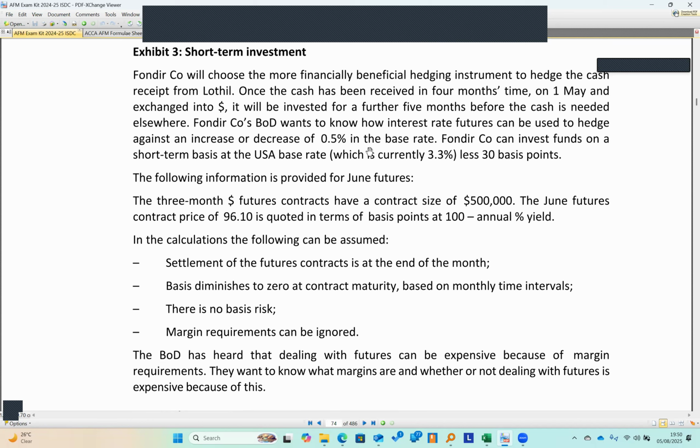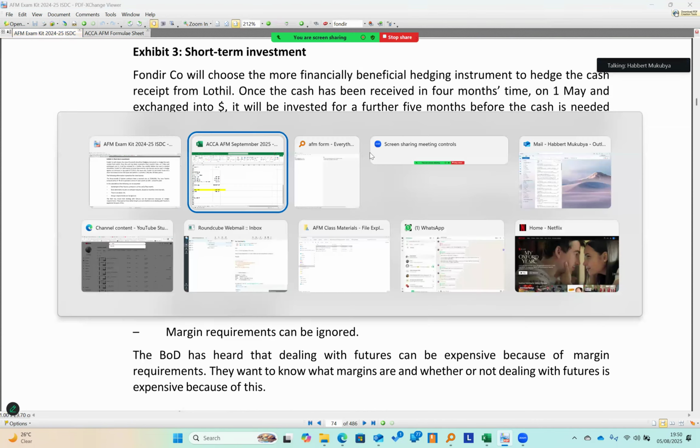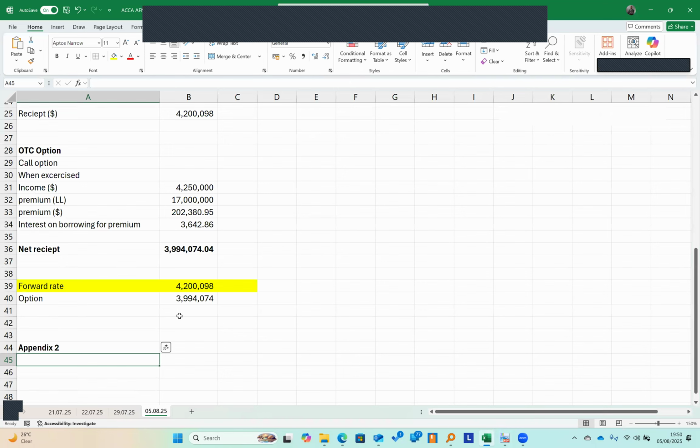They are saying that the contract size is $500,000. June futures contract price is 96.1, quoted in terms of basis points. And they're saying that these are the options. So now, here we have two figures. Which one will you use?